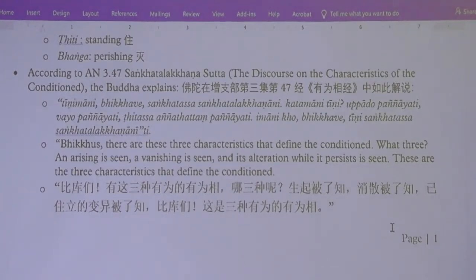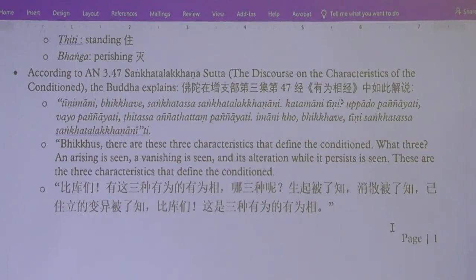This means rising, standing and perishing. This meaning comes from the Lord Buddha.